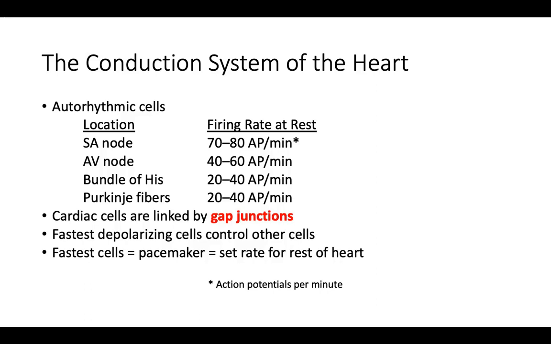Because of the influence of the parasympathetic system somewhat slowing down the SA nodal firing rate, the SA node inside the body fires at about 70 to 80 beats per minute, which is how we get our resting heart rate. But if we were to take it out of that parasympathetic influence, or outside of the body, it would be much faster, at about 100 beats per minute.